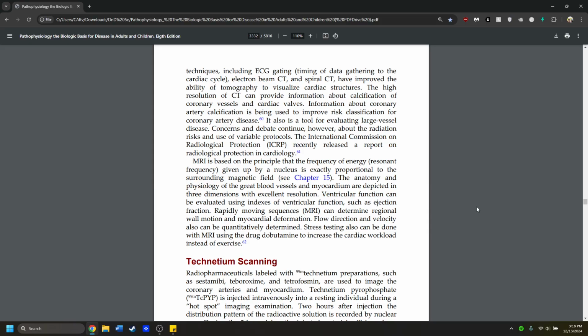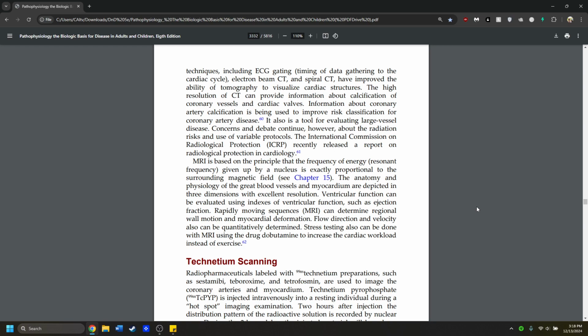MRI is based on the principle that the frequency of energy given up by the nucleus is exactly proportional to the surrounding magnetic field. The anatomy and physiology of the great blood vessels and myocardium are depicted in 3 dimensions with excellent resolution. Ventricular function can be evaluated using indexes of ventricular function, such as ejection fraction.